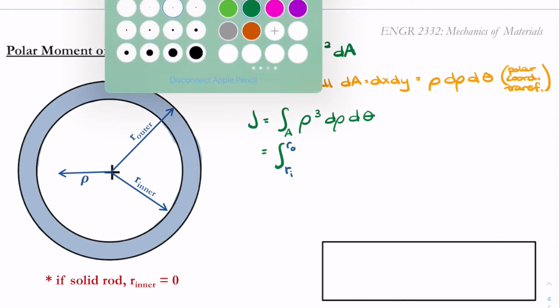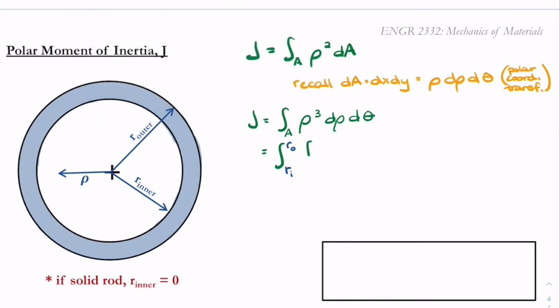Now my bounds on theta is going to be the entire circle, which goes from 0 to 2 pi. So my second integral there is 0 to 2 pi, with respect to theta. So I need to move d theta to the inside integral, and I'll move d rho to the outer integral.